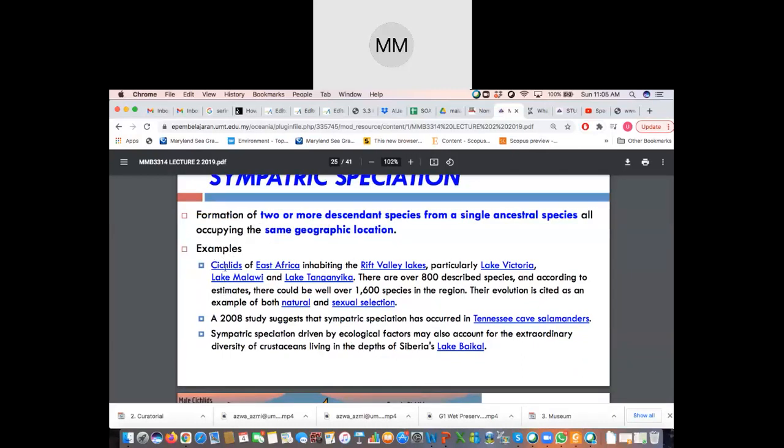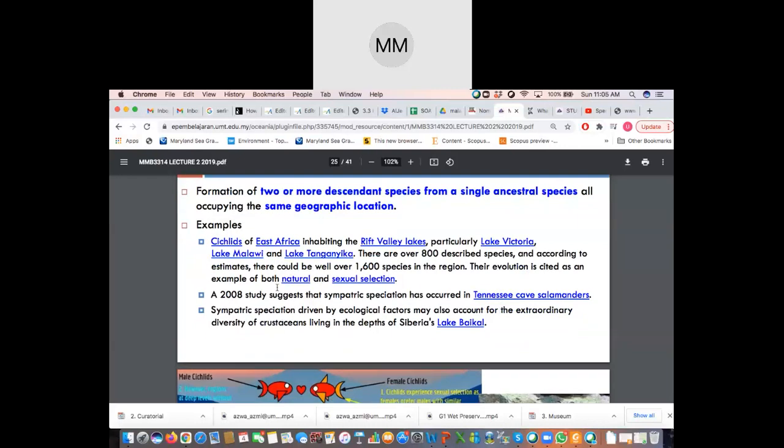So that's a kind of cichlid. Cichlids of East Africa inhabit rift valley lakes, particularly Lake Victoria, Lake Malawi, and Lake Tanganyika. There are over 800 described species, and according to estimates, there could be well over 1,600 species in the region. Their evolution is cited as an example of both natural and sexual selection.